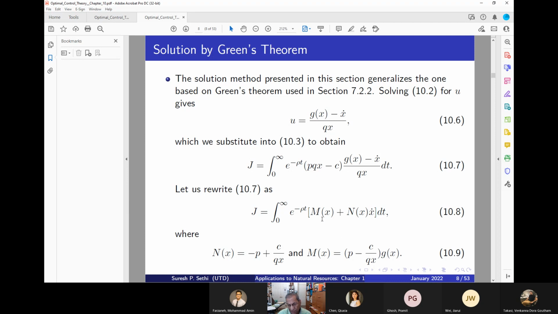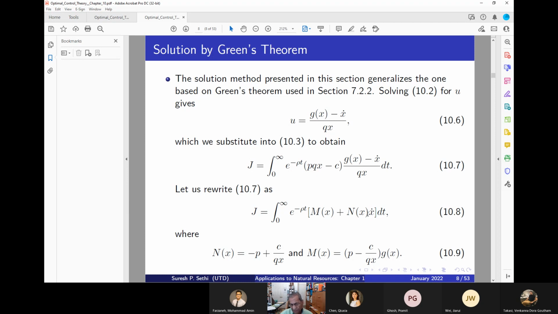That means a term without x dot and a term with x dot, where M of x is given by this, and N of x is given by this. That means you substitute for x dot, simplify, form this form, you will see that our integrand will become like this, where M and N are like this. That can be all done.